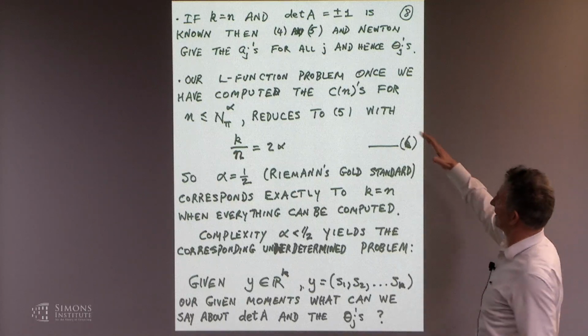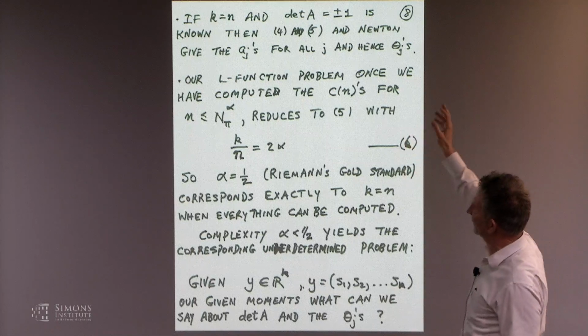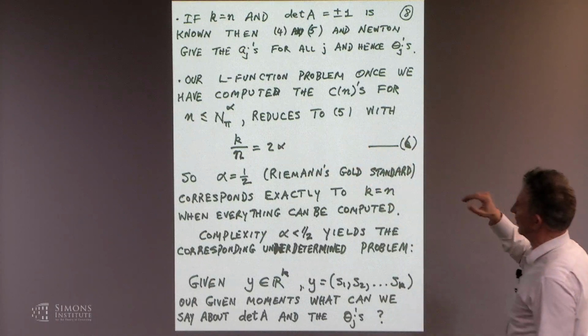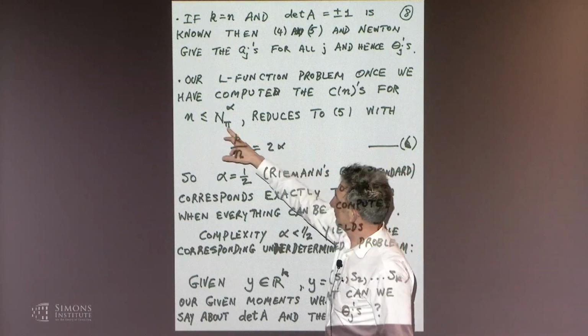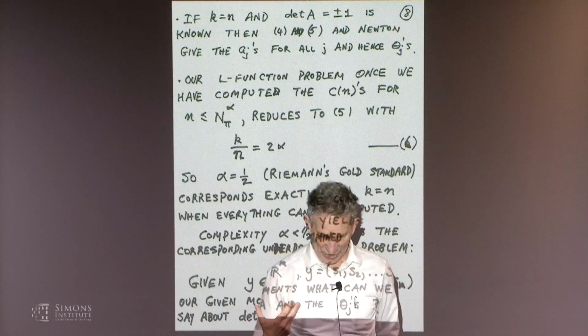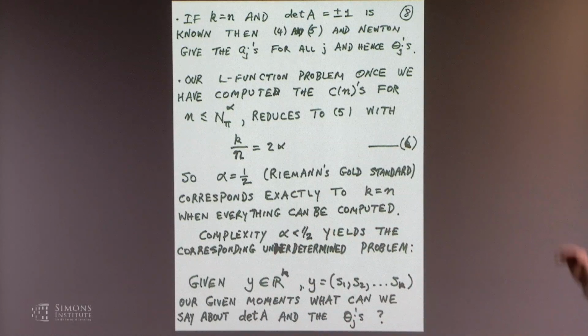And remarkably, that is what it should be, because this corresponds exactly to Riemann. If we're back in the setting where we have complexity, in the sub-exponential algorithm, I'll be computing things up to n pi, the conductor to the alpha. Conductor to the 1/2 is exactly where Riemann can compute everything.